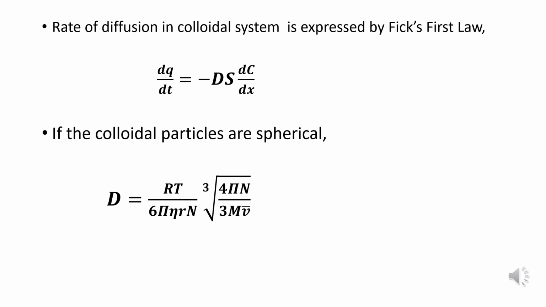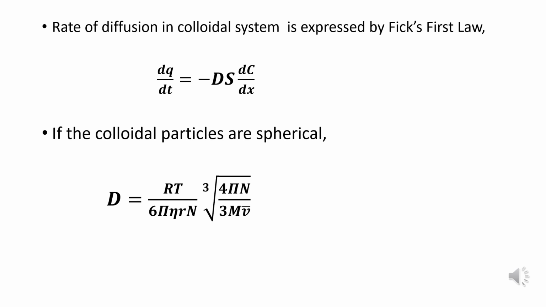small r is the radius of the colloidal particle, then capital N is the Avogadro's number, then capital M is the molecular weight of the dispersed phase, then V is the specific volume of the dispersed phase.